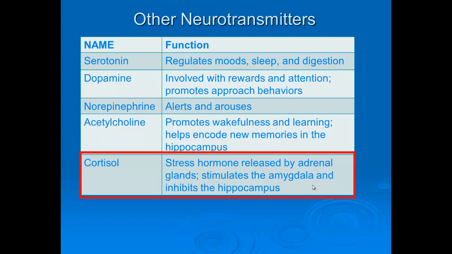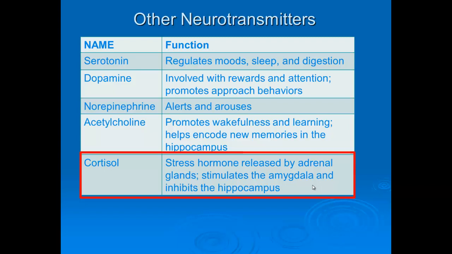So you no longer have access to your long-term memory, which explains why a lot of students will say, on an exam, oh, I learned everything, and on the exam I couldn't remember anything. That's because you have cortisol in your bloodstream that the brain has released because of the stress hormone, and now it is inhibiting long-term memory because your brain is in a mode of fight-or-flight response.